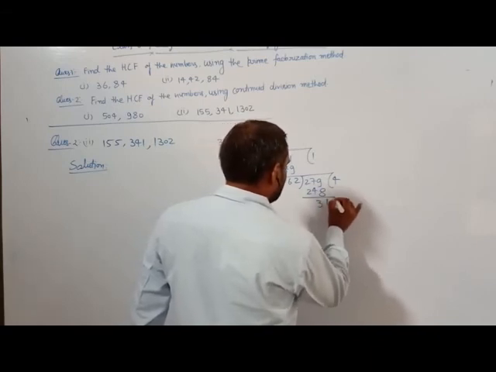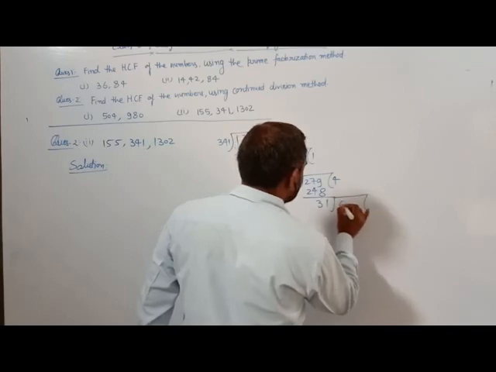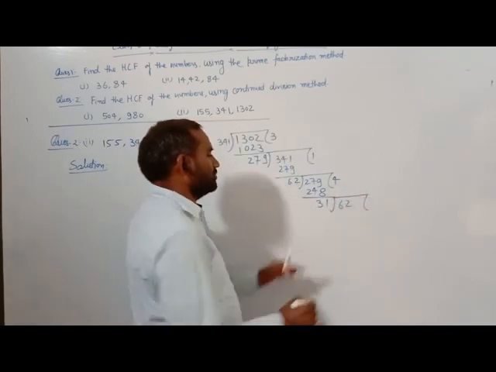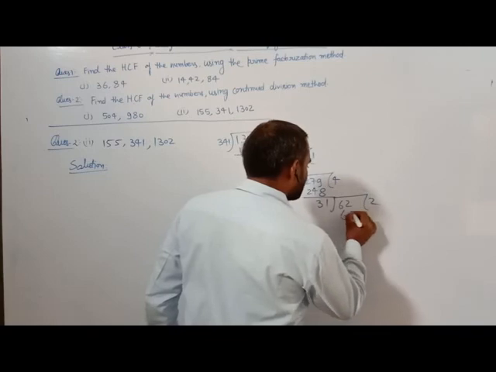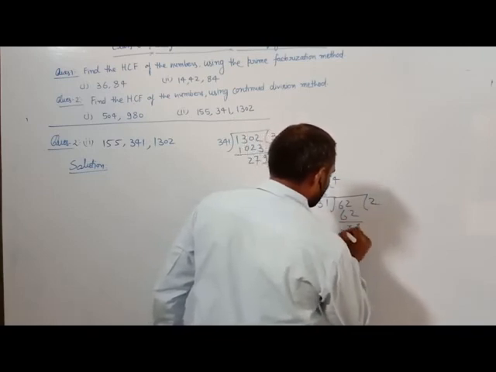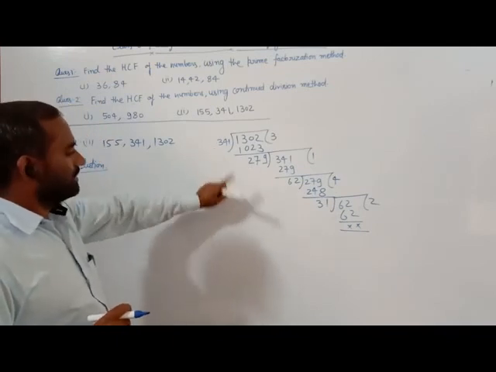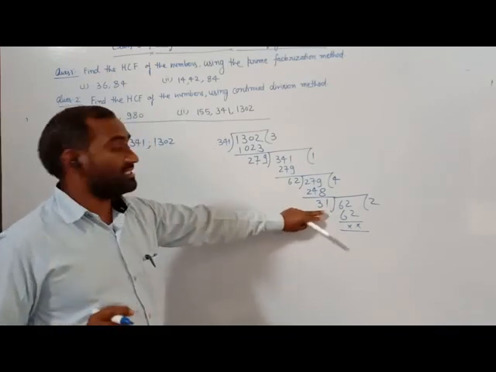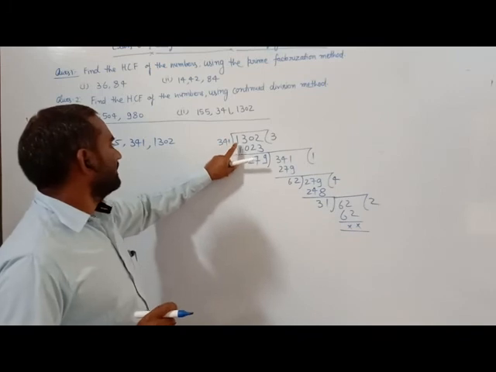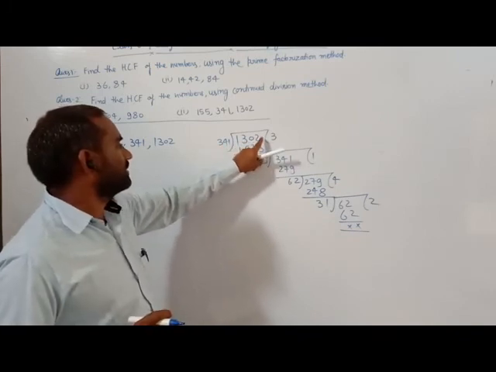31 divided by 62. Here the previous remainder is 31. Now 31 is the HCF of 341 and 1302.